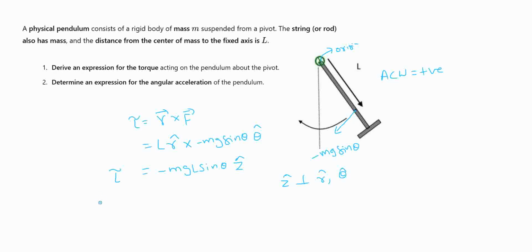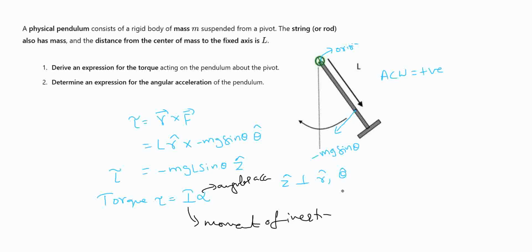So torque tau is equal to I times alpha. So here we know the formula for torque. So I is moment of inertia, and alpha is the angular acceleration.